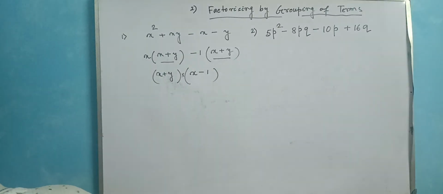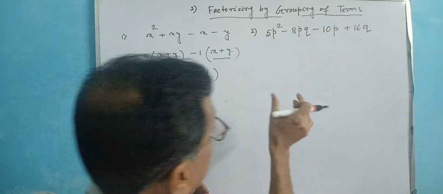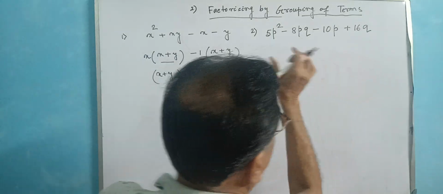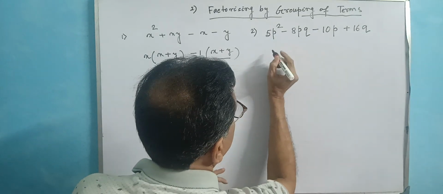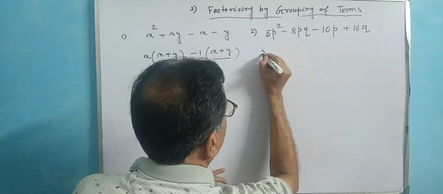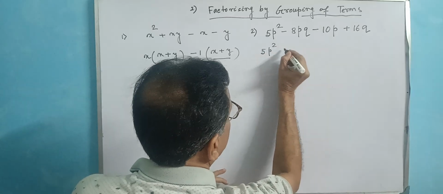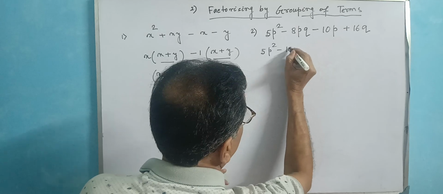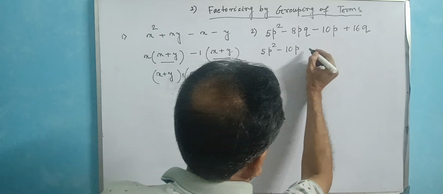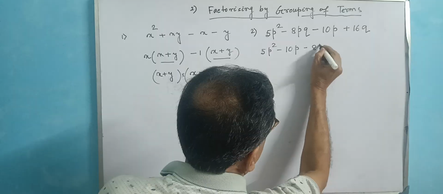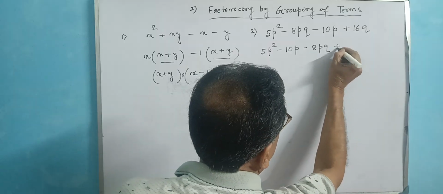Okay, so first you group this, that is actually the rearrangement. Now first you write in this way, 5p square minus 10p. Now here is minus 8p cube and you write this.